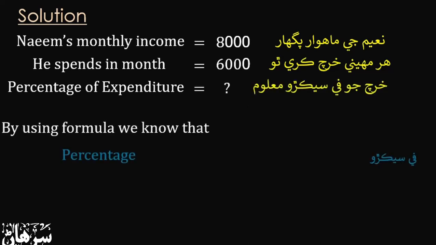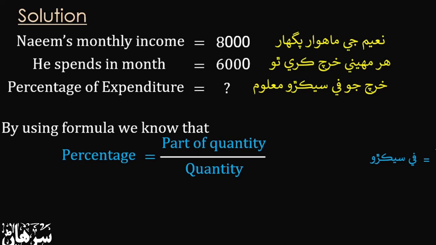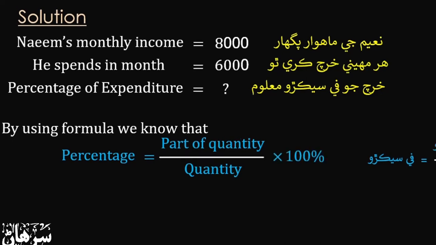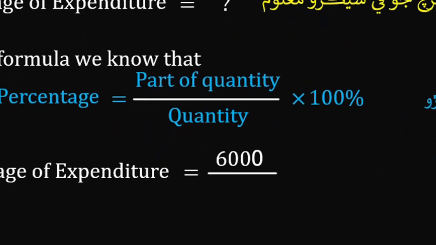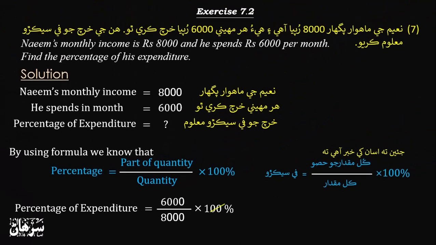By using formula, we know that percentage is equal to part of quantity divided by quantity into 100. Percentage of expenditure we have to find. Put the value of part of quantity is 6,000 and the quantity is 8,000, multiply by 100. Solve this equation.